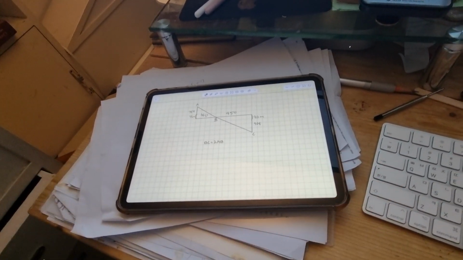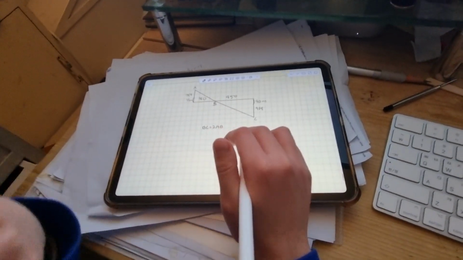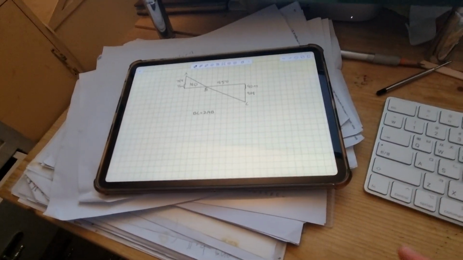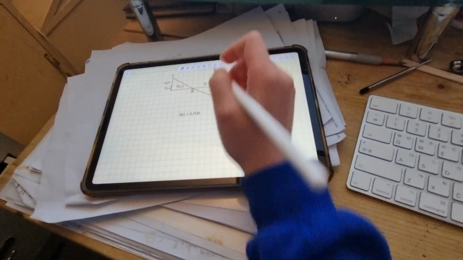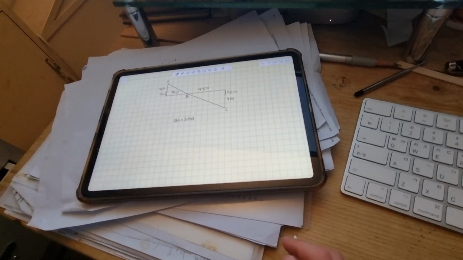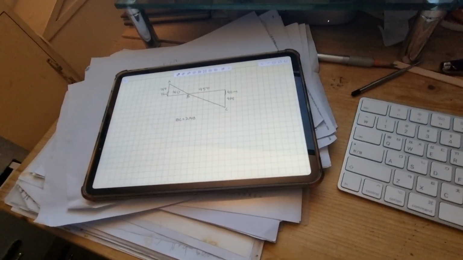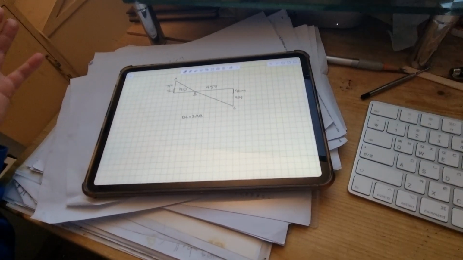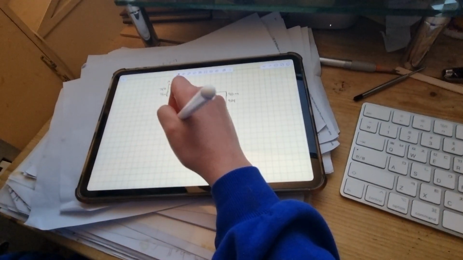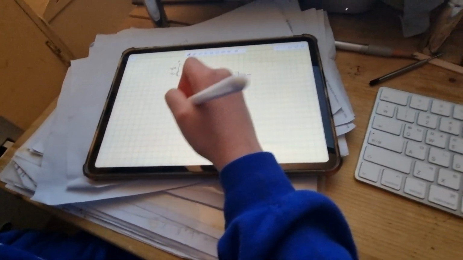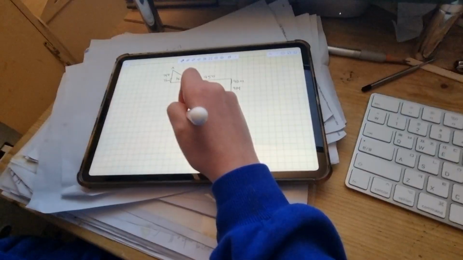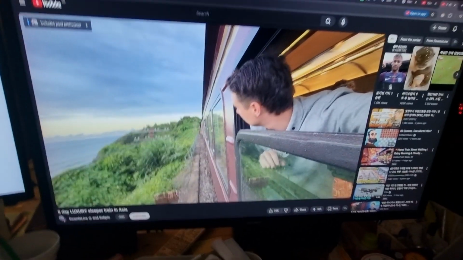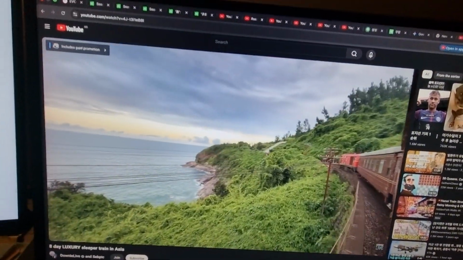Now for BC, we can just square both sides, because you can see that this is the hypotenuse of a right angle triangle, which means you can apply the Pythagorean theorem. Squaring both sides, BC squared equals 4 AB squared.